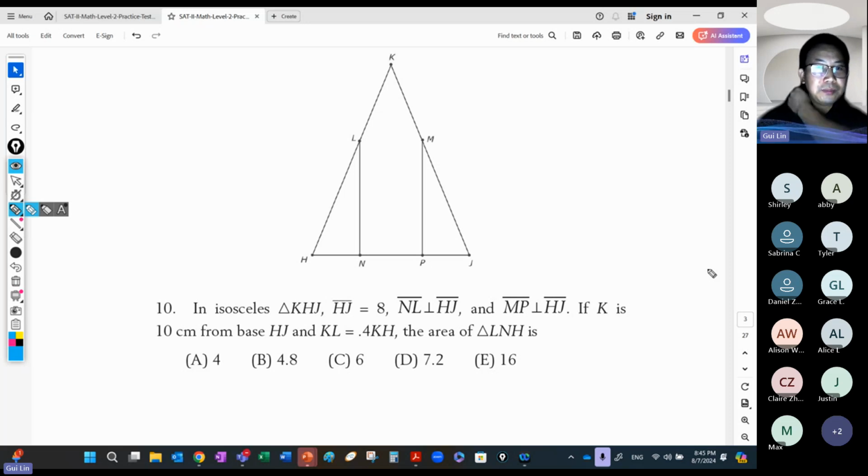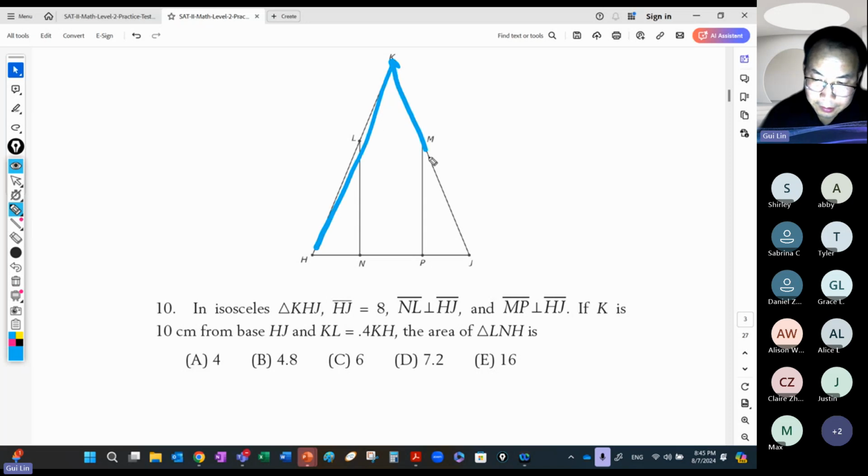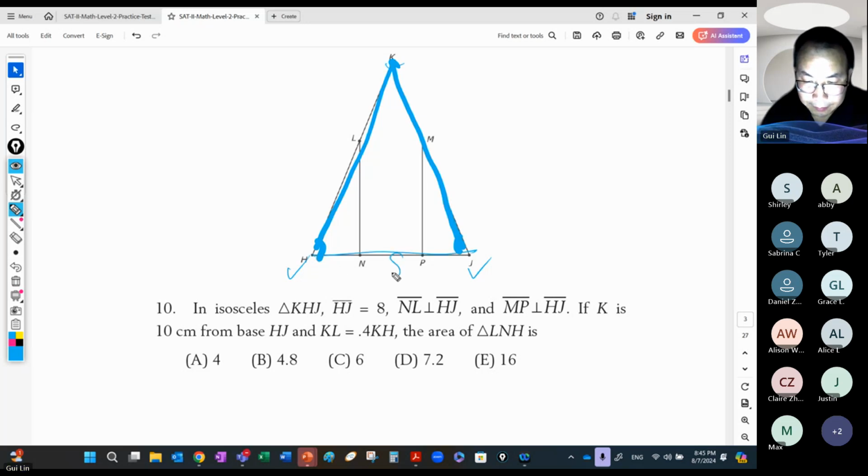In isosceles, what does it mean? The two sides are the same, right? Iso means equal. Equal means at least this side and this side are the same. So it means this angle is the same. All right, so triangle KHJ, HJ equals 8. NL is perpendicular to HJ, and MP is also perpendicular.